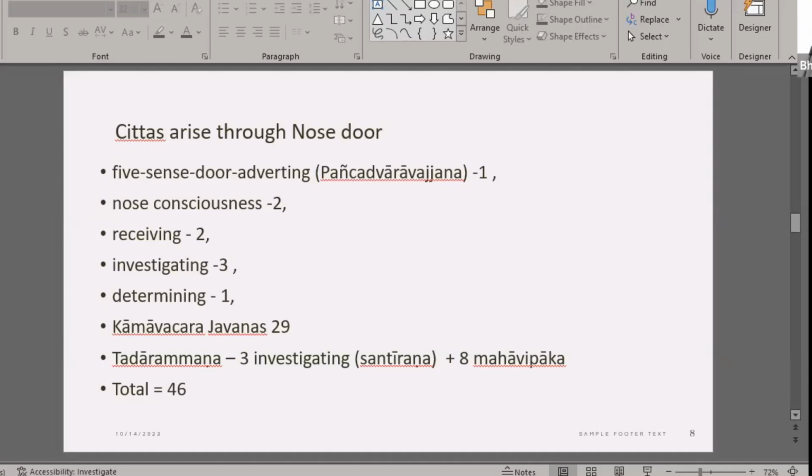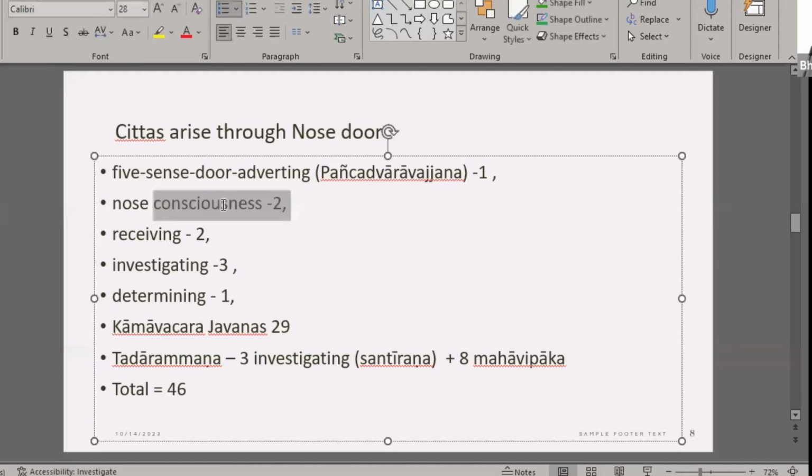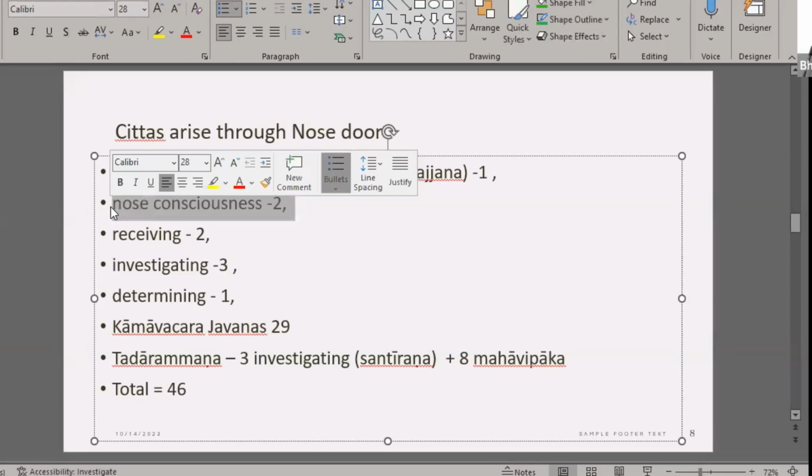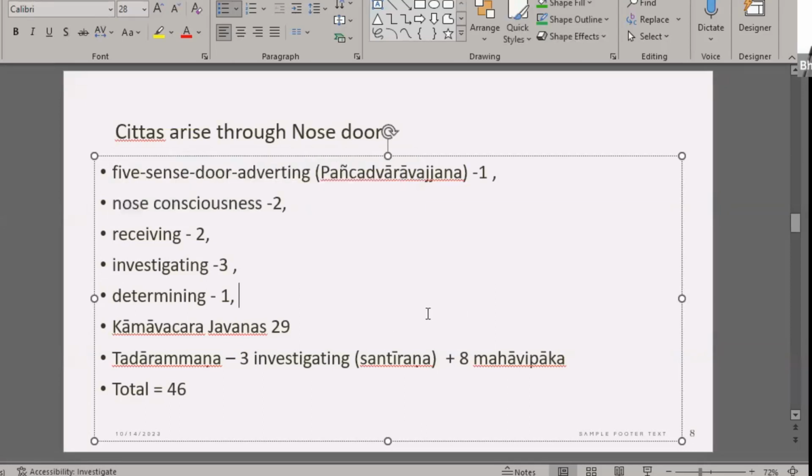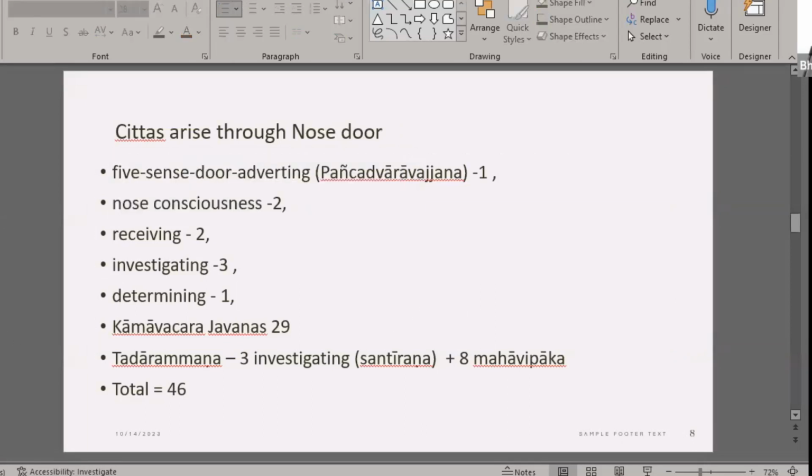After that, investigating consciousness, santirana citta. Then determining consciousness, votthapana citta. Then Kamavacara Javana 29, Tadarammana. Similarly, 46. What is the special case? Nose consciousness, two nose consciousness. That's the only thing we have to shift.